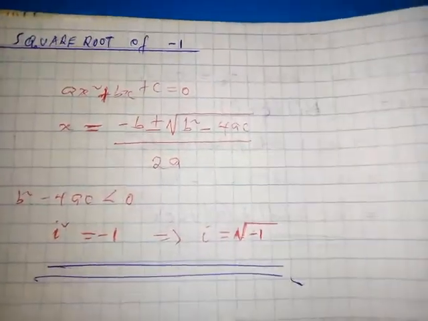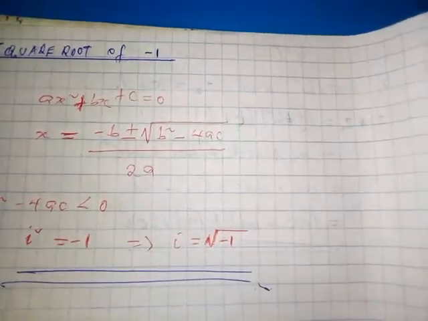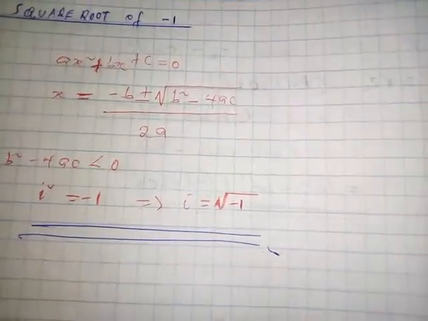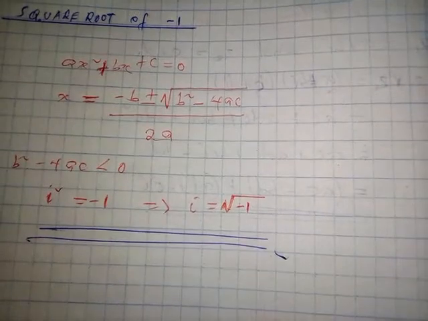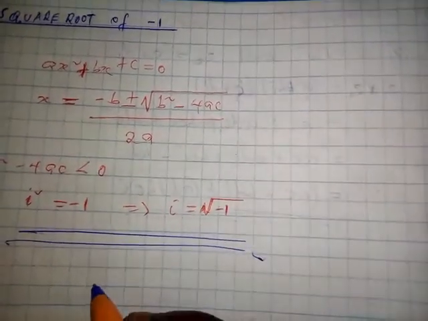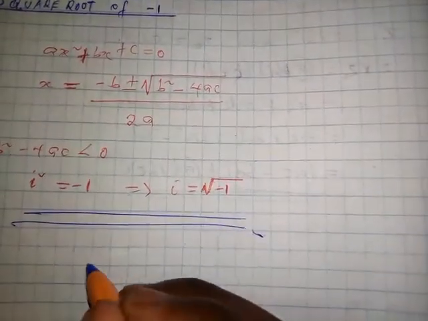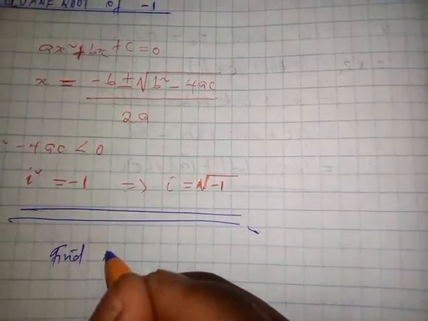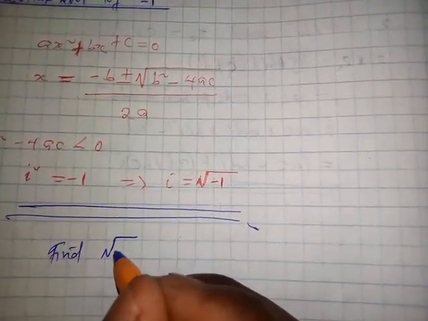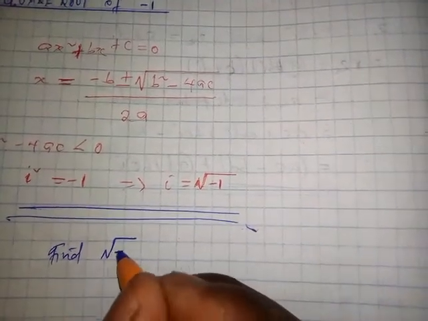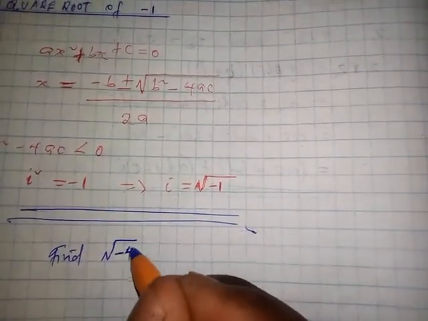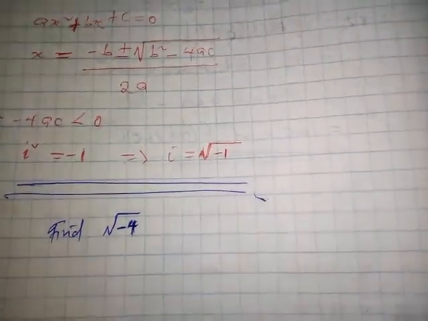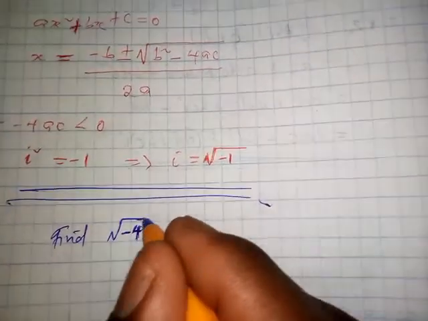Okay. For example, you can be asked to find the square root of -4.